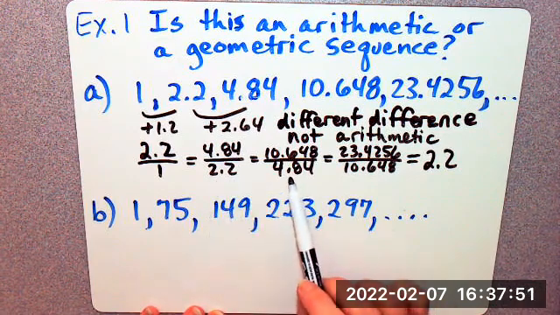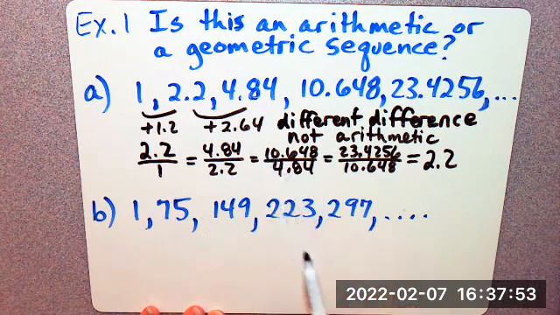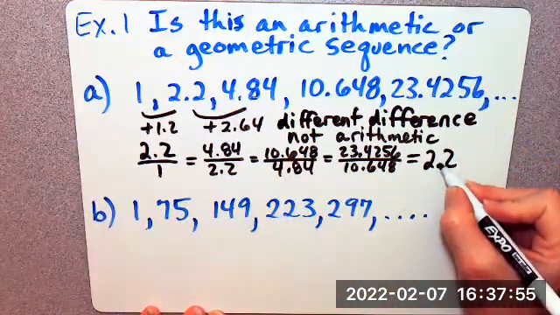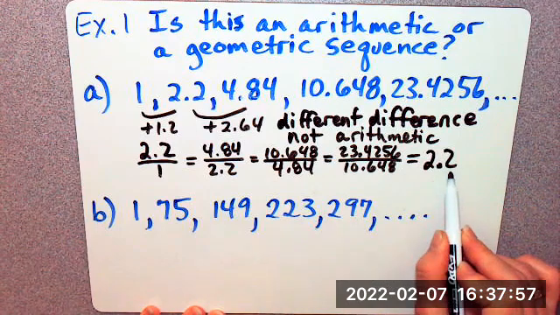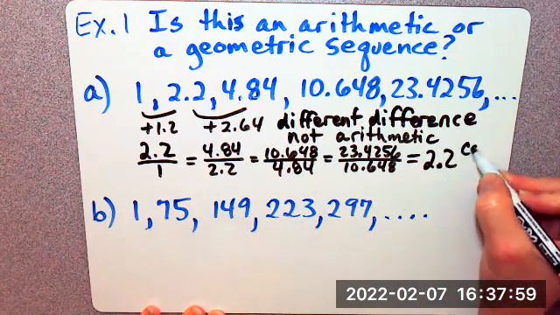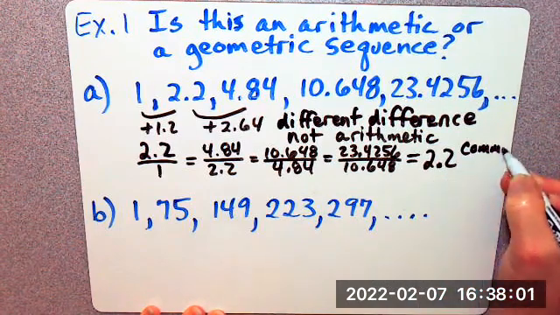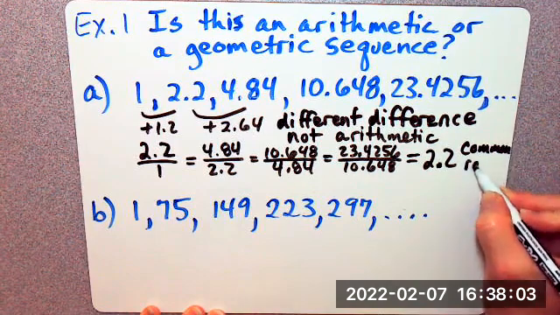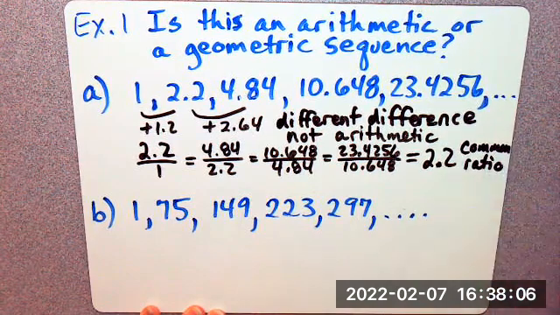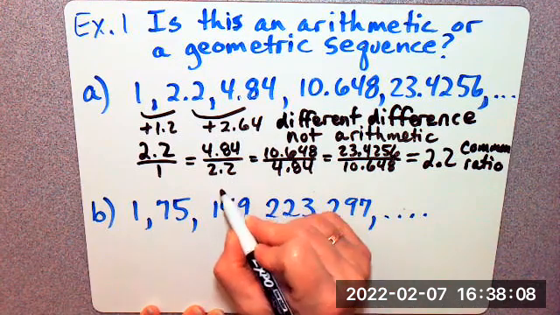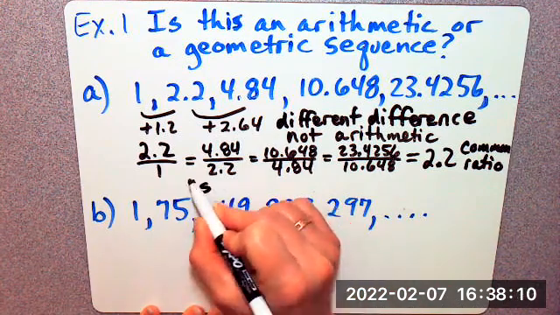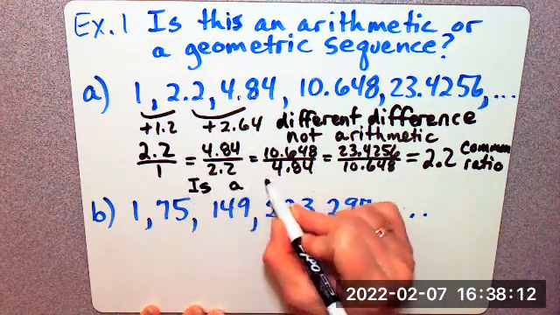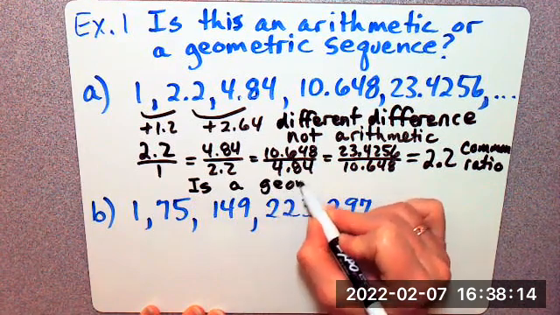If I multiplied this one by 2.2, I would get that. So since these all equal the same thing, this is a common ratio. Since it has a common ratio, it is a geometric sequence.